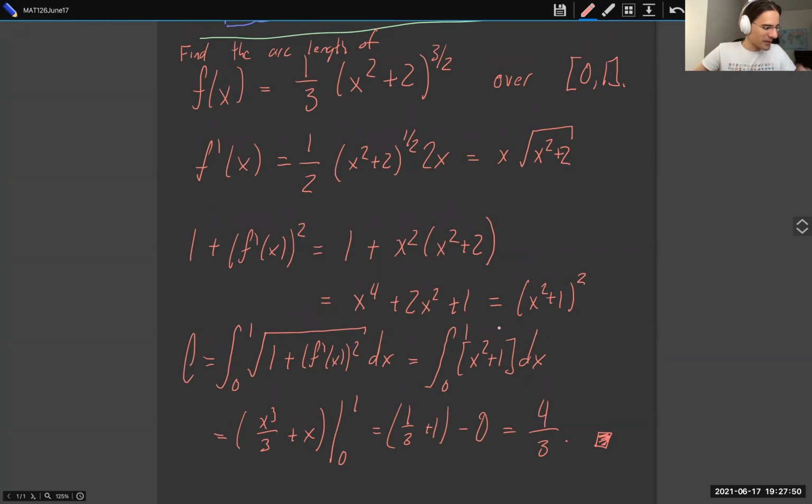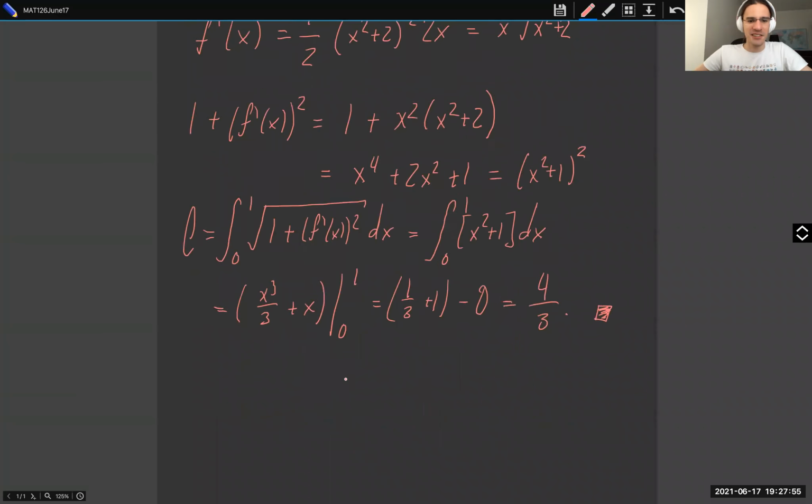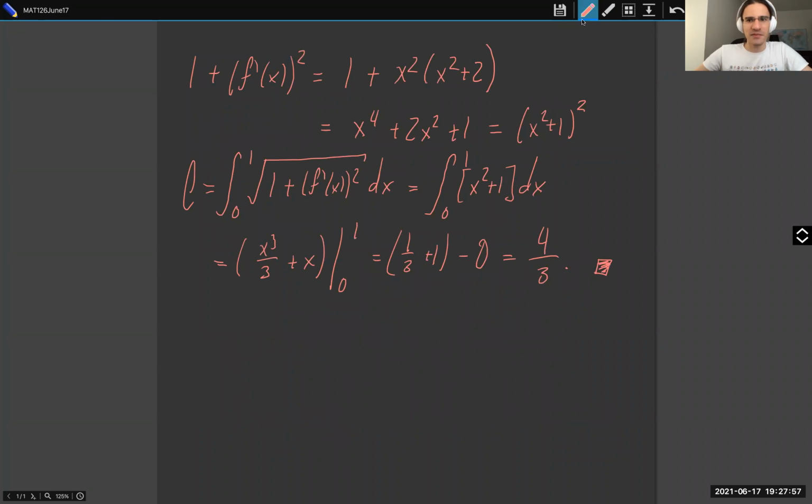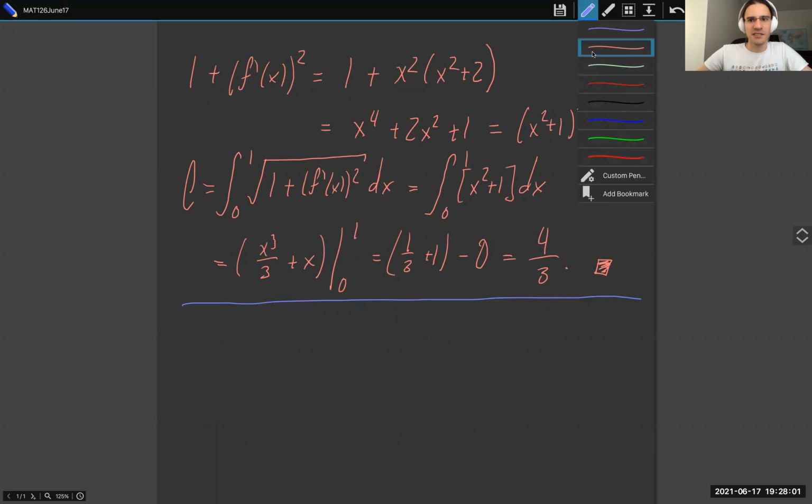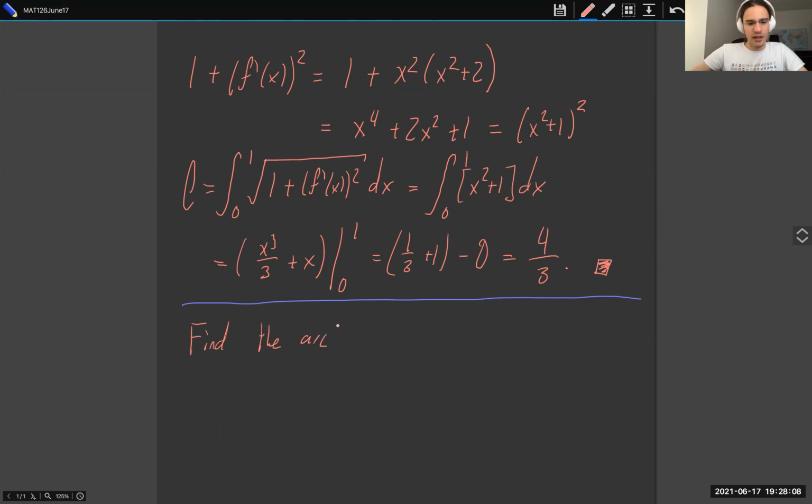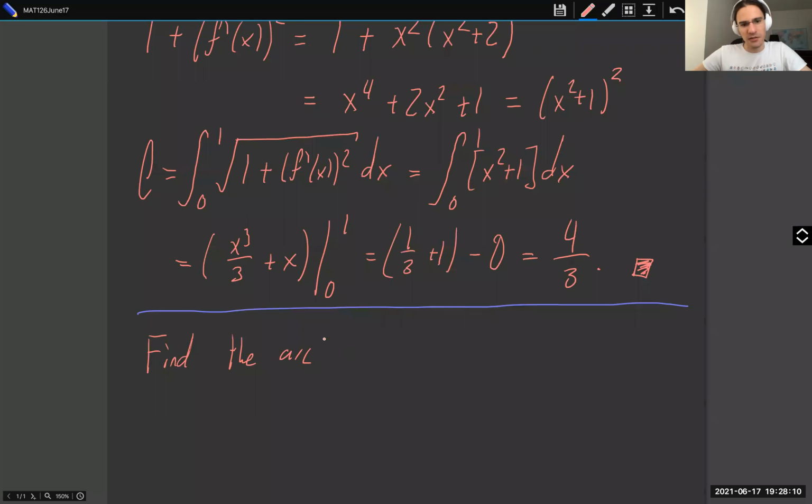Okay, that's one example. Let's do another example. It's similar. Let's separate it off like this. Find the arc length of.